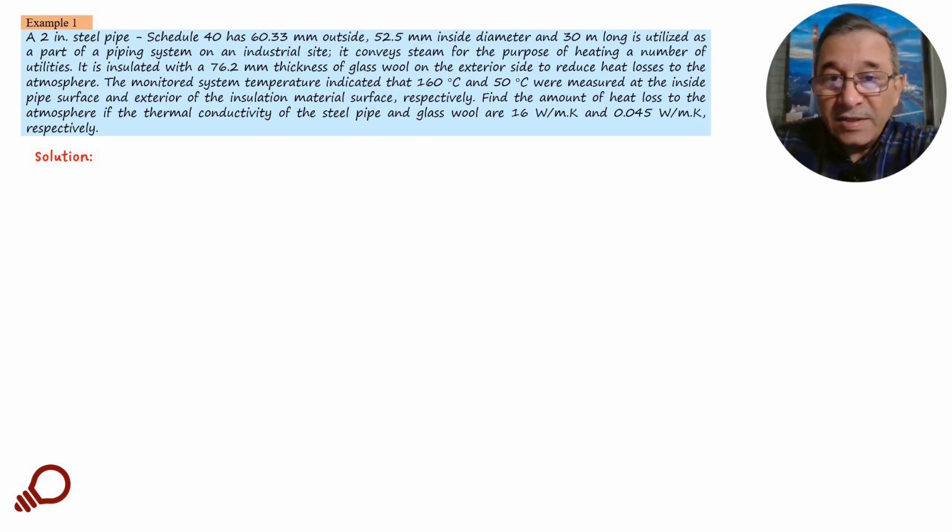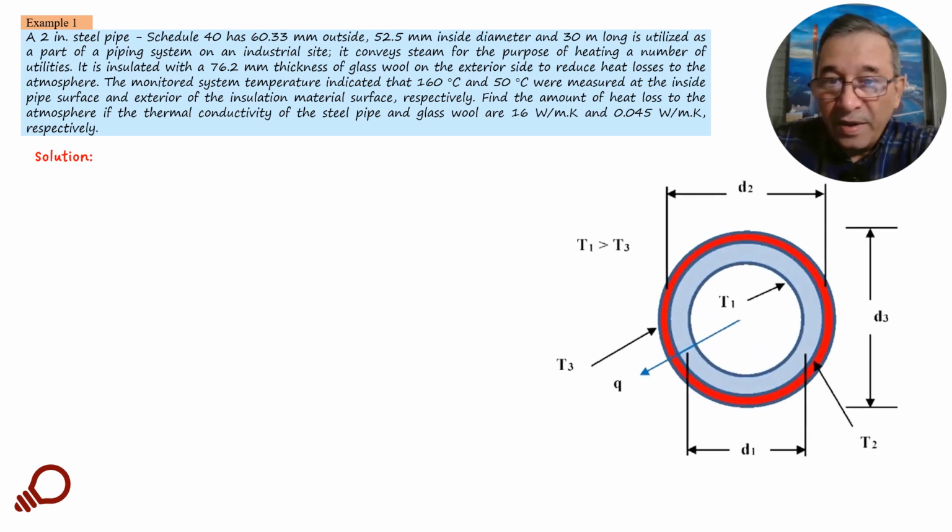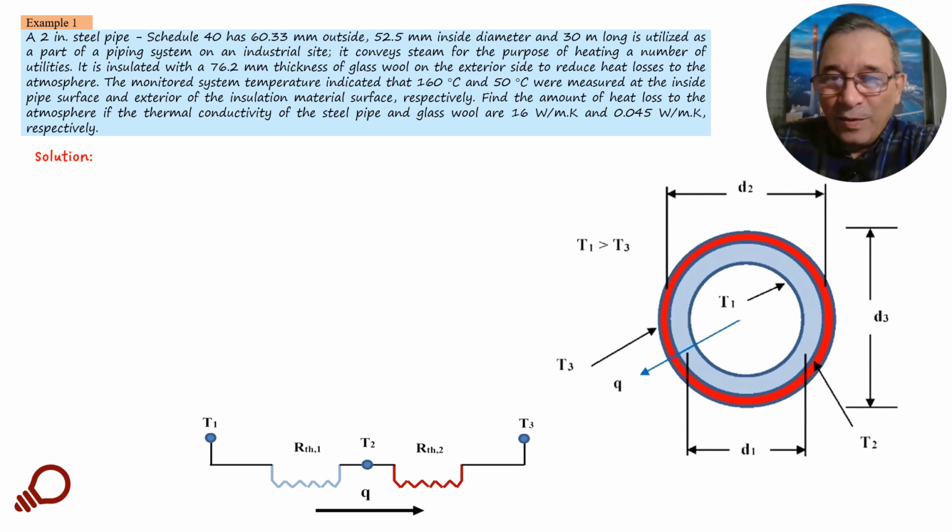And this pipe is insulated with glass wool on the exterior to reduce heat losses to the atmosphere. As shown in this figure, we have the dimensions which are required to solve this problem. It is just to calculate the amount of heat loss to the atmosphere. Once you know the thermal conductivities of these materials and the dimensions, then it will be easy to calculate it.